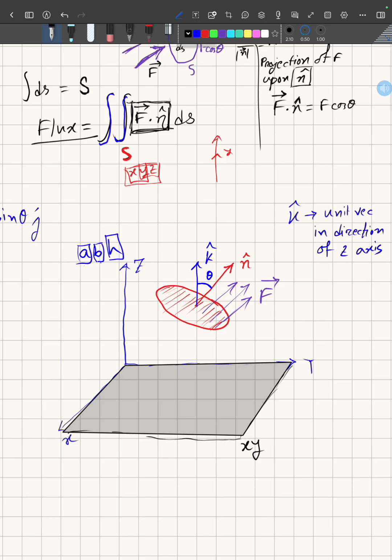This is our surface S. So if I put a torch here, the projection of S that I will see will simply be a round shape.